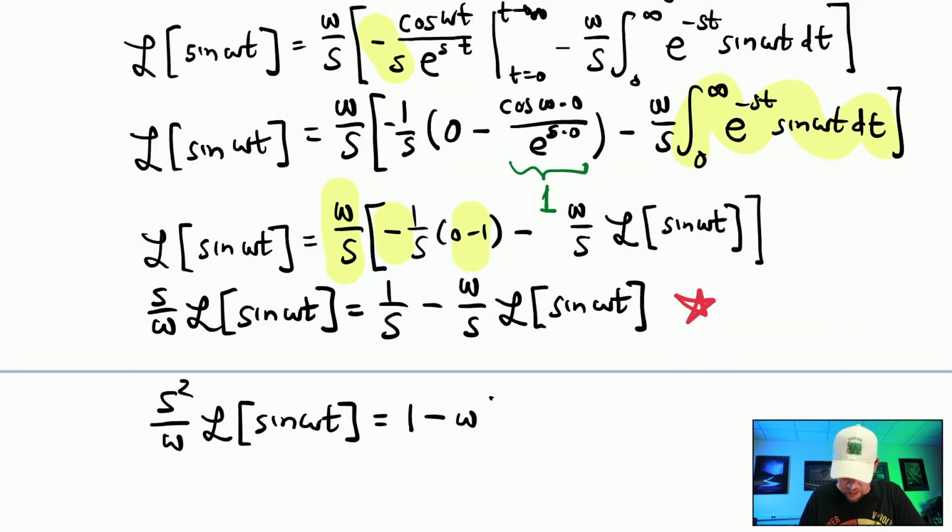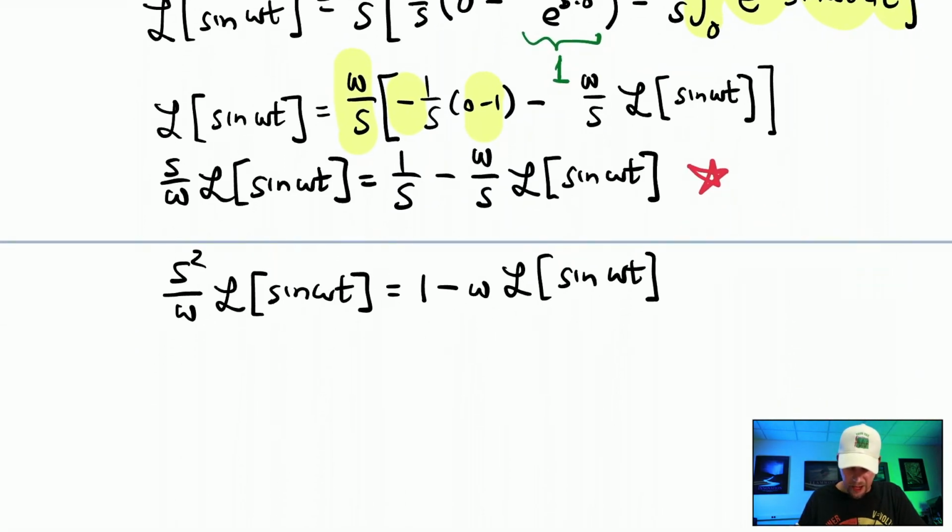Here I have minus omega, the Laplace transform of sine omega t. If I add this to the opposite side, I can then factor it out.